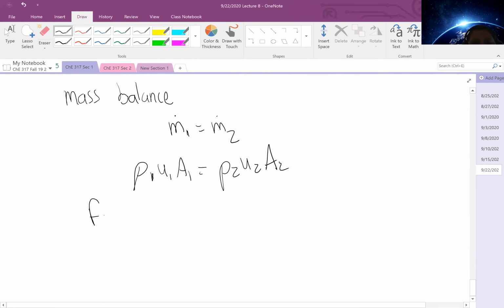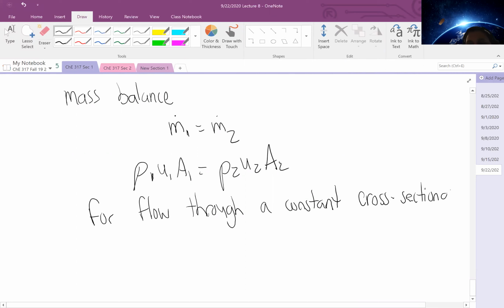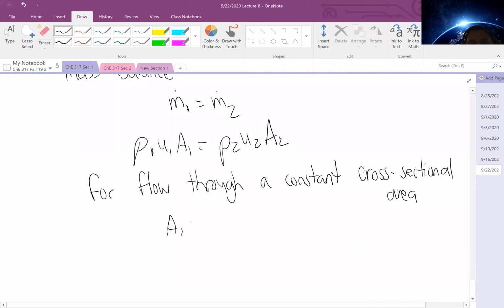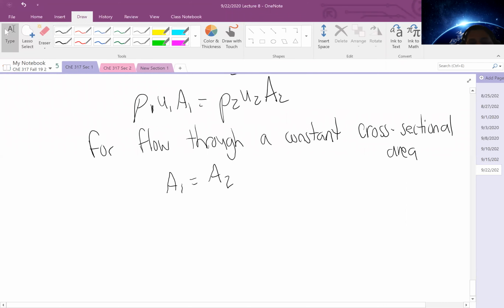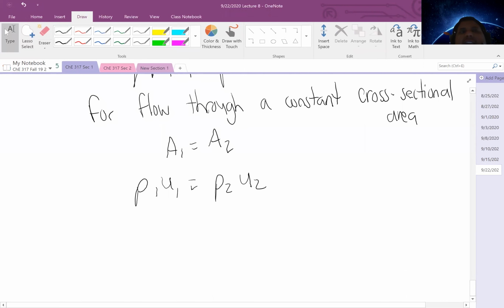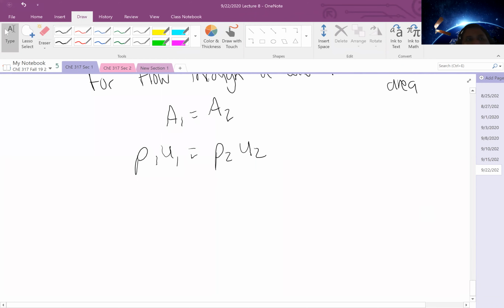And for a flow through a constant cross-sectional area, A1 is equal to A2, which tells us that our density 1 times velocity 1 equals density 2 times U2. And so the density, as we see it, will decrease due to a decrease in our pressure.